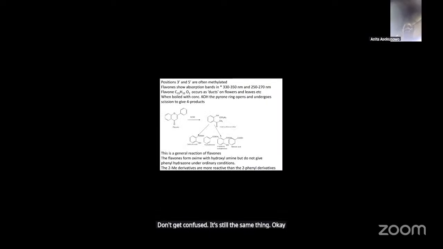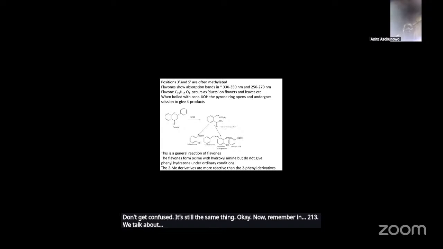Okay. Now, remember in 213, we talked about a reaction where an aldehyde or ketone functional group undergoes reaction to form a product. Now, in this, we are also going to look at similar conditions.